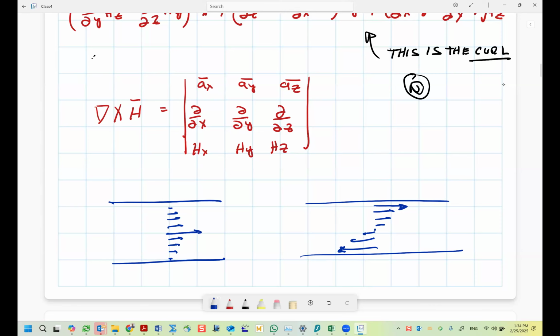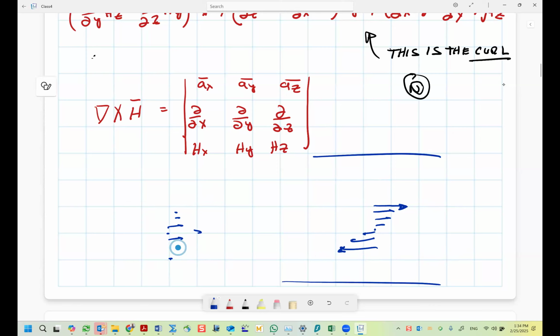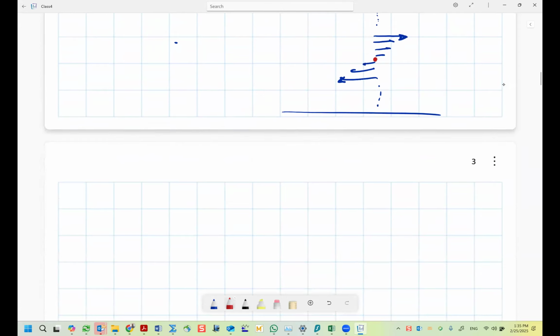Now, if this is not near the edge, and this doesn't even exist, and you have some other things going on there that you don't care about, because in the end you're going to come up to this point, that's the point that matters. We're going to shrink everything to that point. Then it's fine that you have this representation.